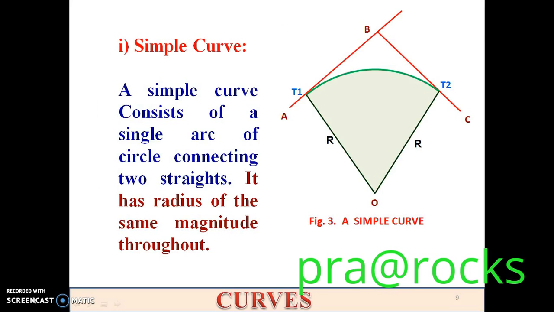Now coming to the simple curve, you can see in this figure, it consists of a single arc of a circle, connected by two straights, say AB as well as BC, and it has a radius of the same magnitude throughout. So for a simple curve, the radius is not changing. From the start to the end of the curve, the radius will remain constant. That's about the simple curve.